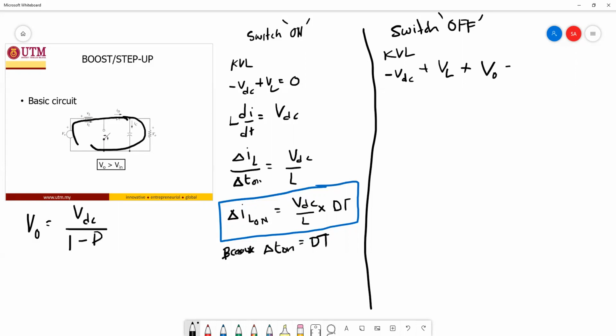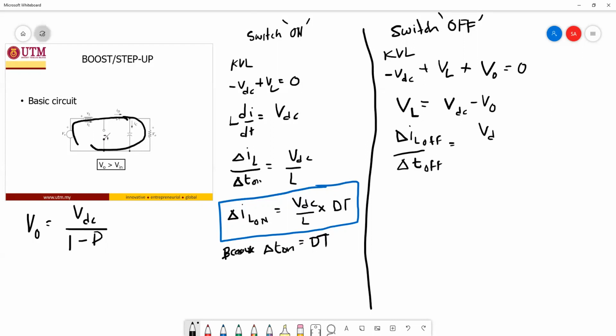Finally, VL is equal to VDC minus V out, and we know that VL is L di/dt, so we put here delta IL during off over delta T off.